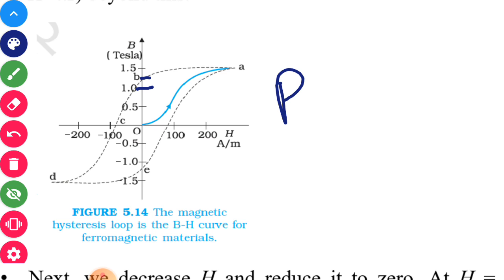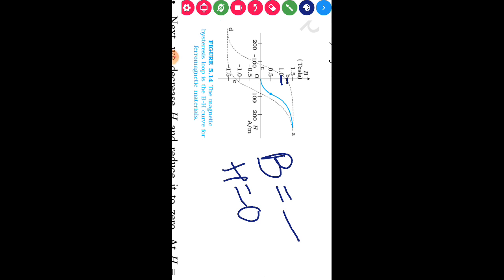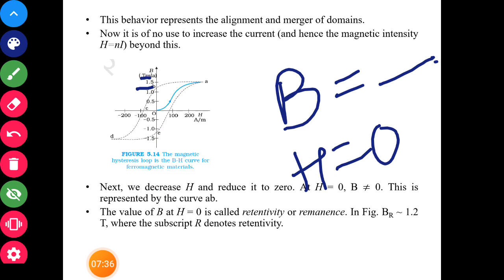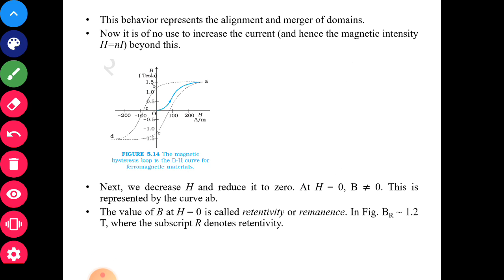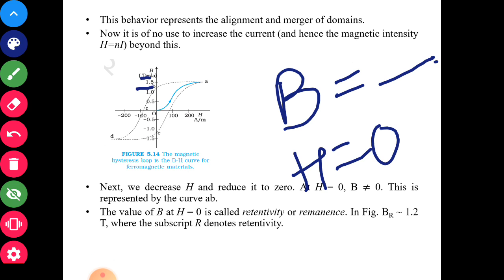This value of B when H is 0, whatever it is, 1.2 Tesla or so, is known as the retentivity or remanence. Here retentivity is found to be about 1.2 Tesla for this particular figure, where R shows the retentivity.